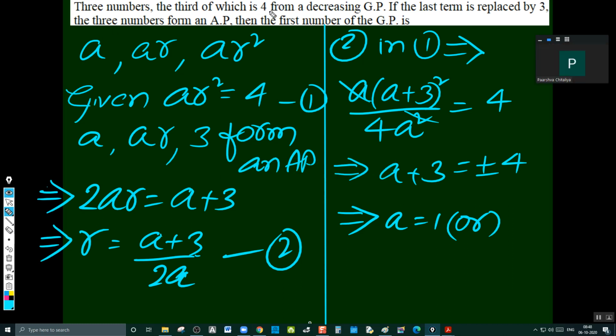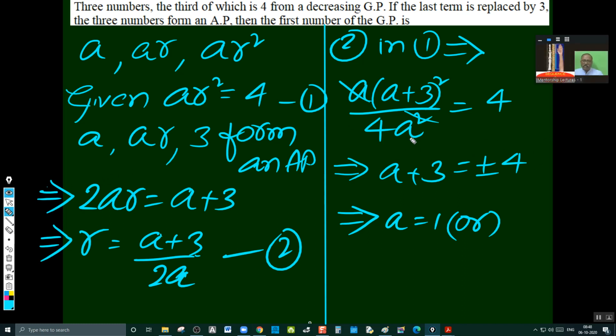But the AP condition is only satisfied when it is replaced by 3. Okay, but what we are doing is we form two equations here, with GP one equation, with AP another equation. Let us see from Srivardhan.